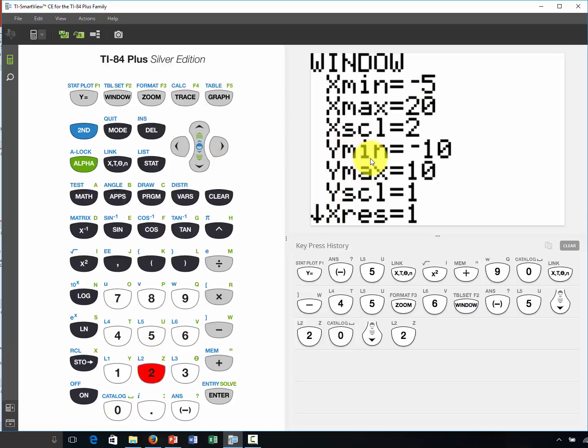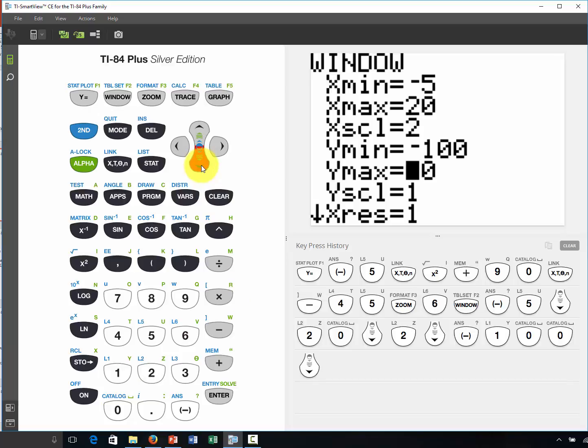For the y-min, our y-intercept was negative 45, so I'm going to use something a little bit smaller than that. I'd also like to see, when we use the zero command, the values displayed at the bottom of the screen. So I'm going to set the y-min as negative 100, and we'll look at it and see how it looks.